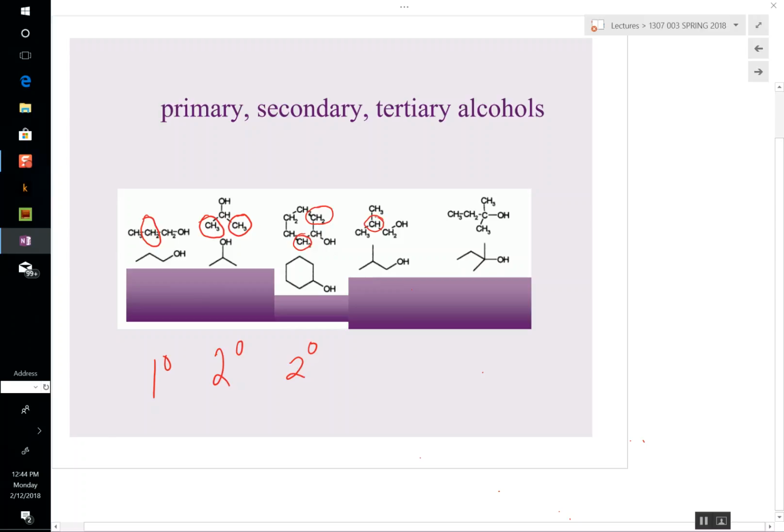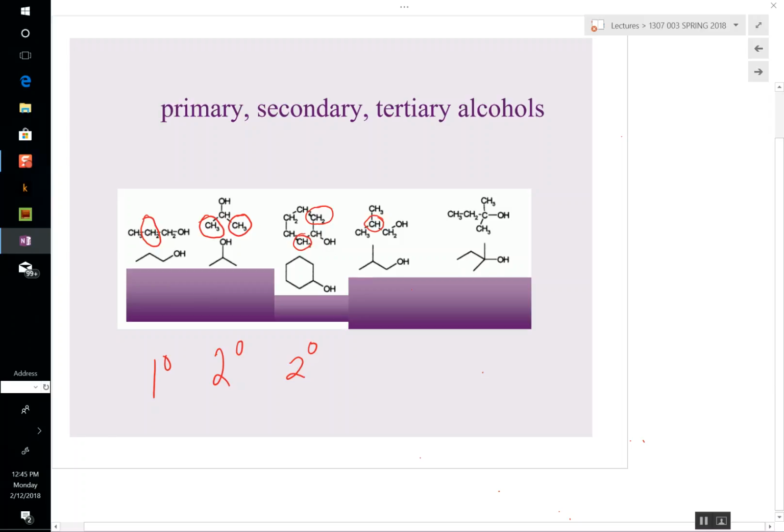We just count the carbons directly attached to the carbon that has the OH. If there had been an OH right here, yeah, it would end up a tertiary carbon. It looks like a tertiary kind of structure, but the OH is hanging out here on the end. It only has one carbon attached to that carbon.